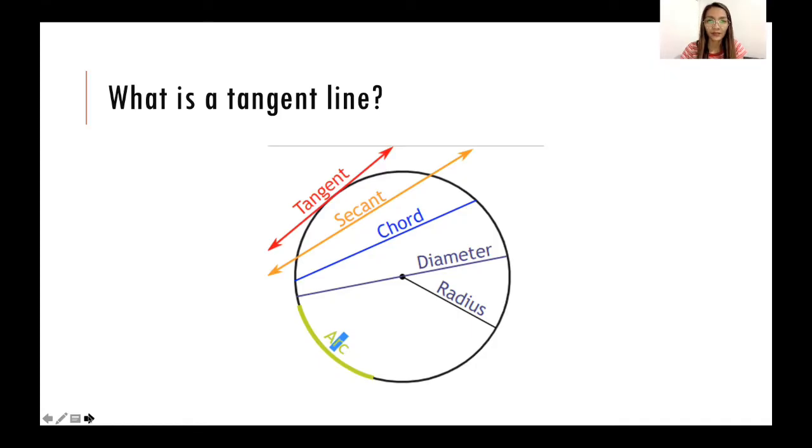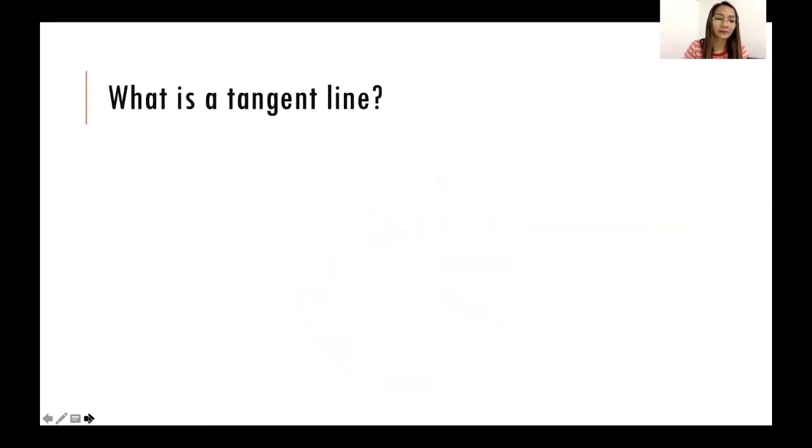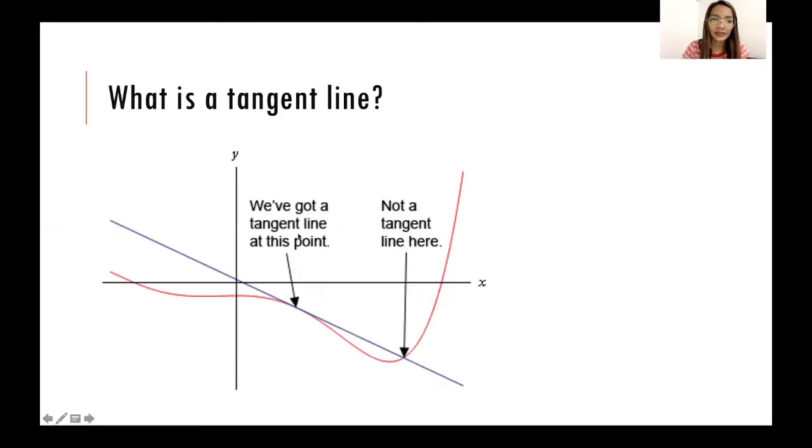How are we going to find the derivative using a tangent line of a function? Let's find out. In this example, we have an example graph. You see, we've got a tangent line at this point.